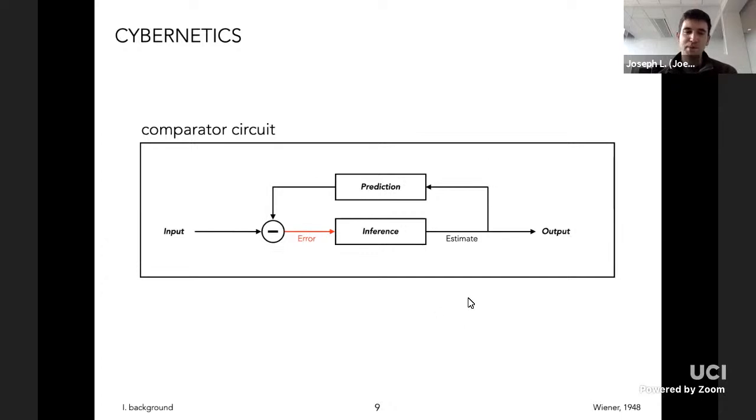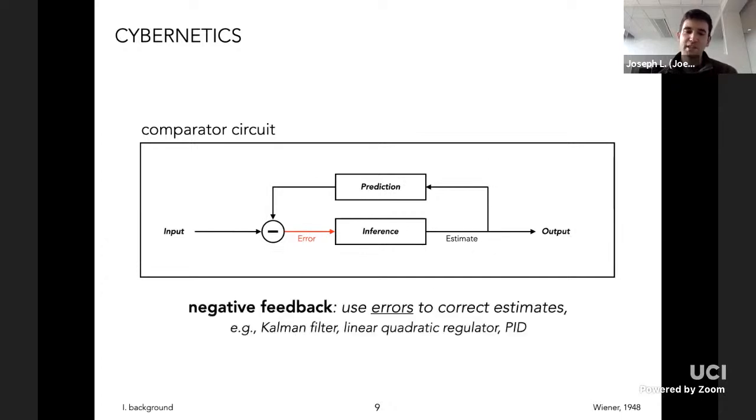This basic circuit performs what's called negative feedback: you use errors in order to correct your estimates. This idea is ubiquitous. You find it in Kalman filtering on the perceptual side, and on the control side in the linear quadratic regulator, PID control, and those types of feedback control techniques.